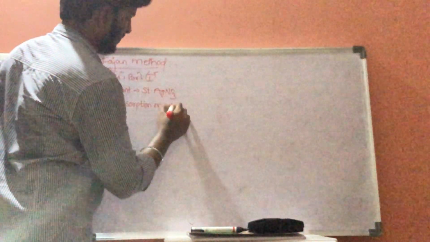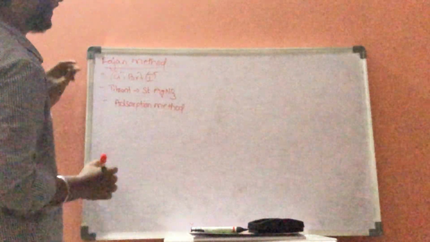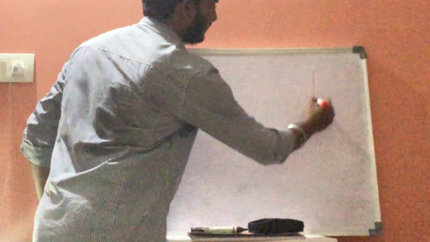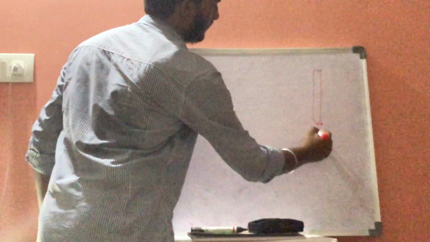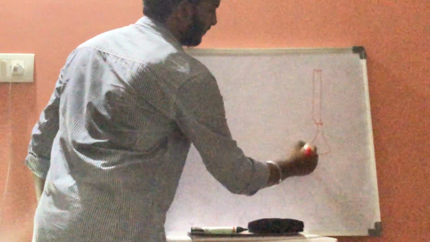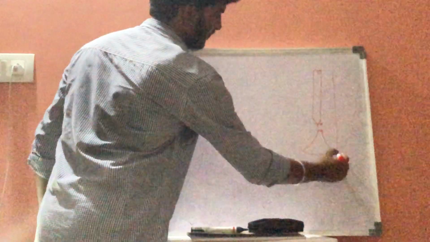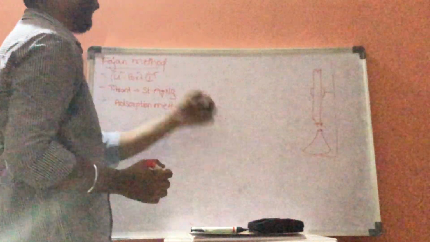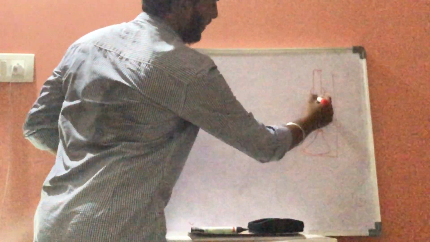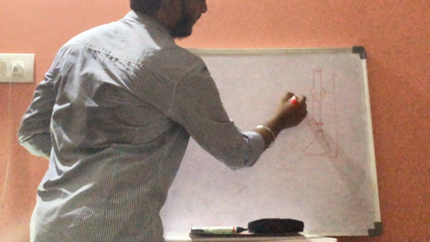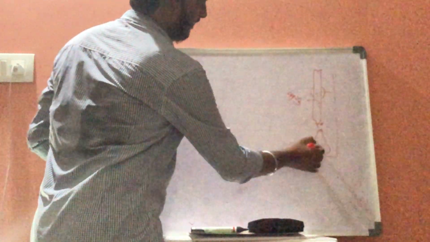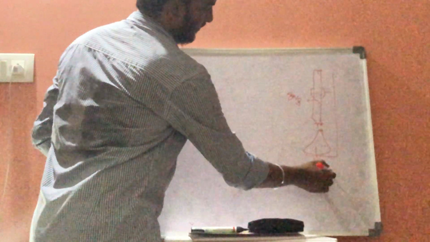One more important point is that Fajans' method is based on the adsorption mechanism. Let us draw a diagram. In this burette we take silver nitrate, and in this conical flask we take sodium chloride.